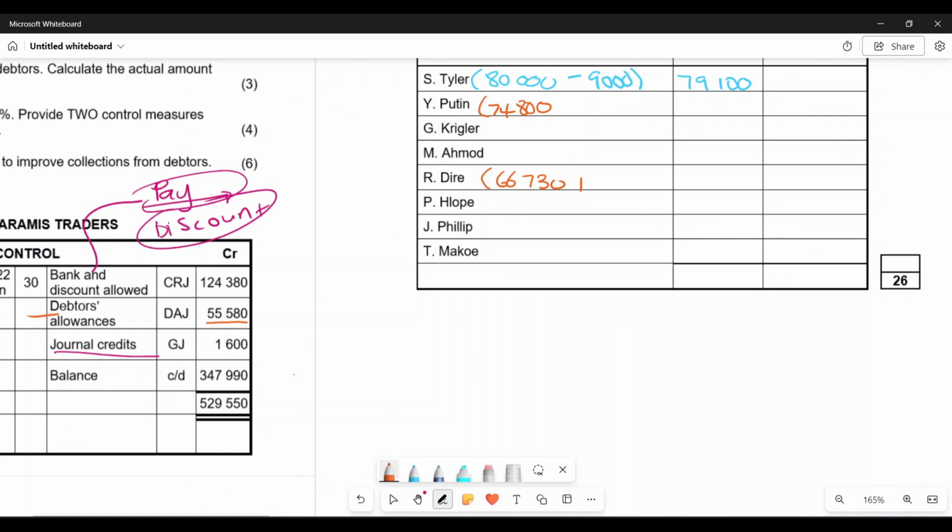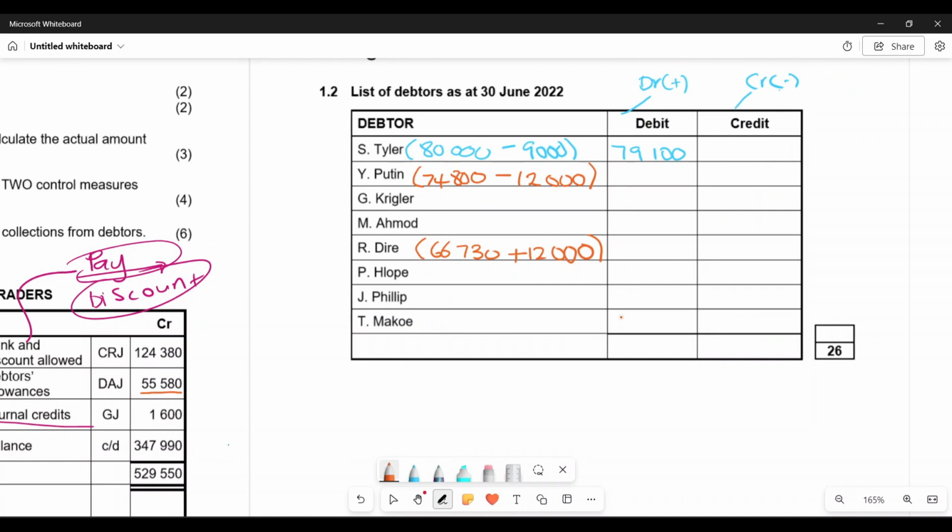So here I'm going to add back the 12,000 to rectify my mistake. Now on Y Putin, I would need to subtract the 12,000 because he paid and we didn't recognize it in his account. As a result, the new balance that Y Putin would be owing us is 62,800, and the balance that Ardaya is owing us will be 78,730.